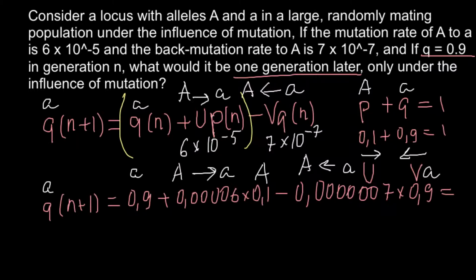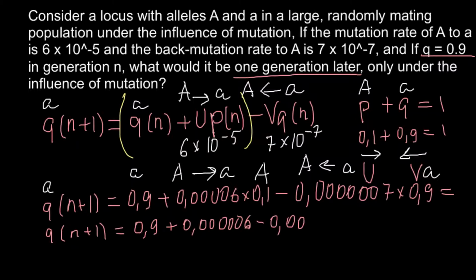So one more step, Q n plus 1 would equal 0.9 plus 0.000006 minus 0.00000063, and so this is going to be forward mutation, and this is going to be backward mutation.